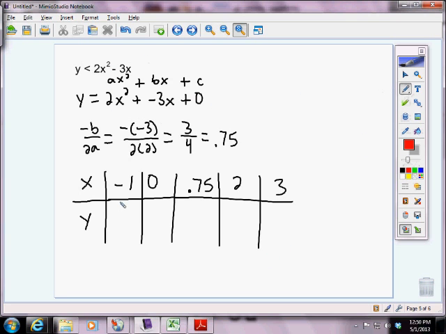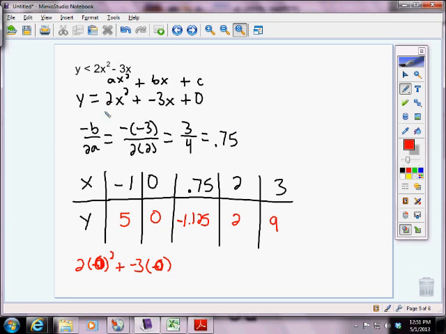Right here into this formula, so now I'm going to plug in 2, and then in parentheses I'm going to put a negative 1 squared plus negative 3, or you can use minus, times the negative 1. I don't really need to use plus 0. But when I do that, I get 5. Then I put 0 in here, and I get 0. And then I put 0.75 in there, and I get a negative 1.125. Then I put 2 in and get 2, and I put 3 and get 9.